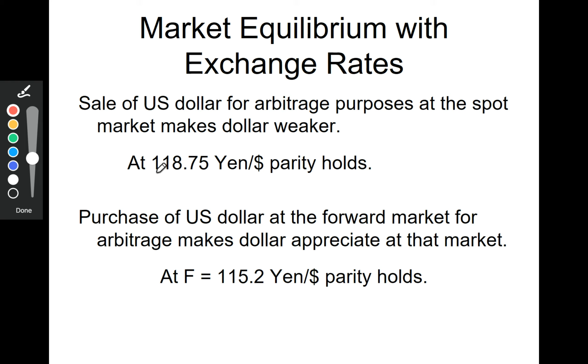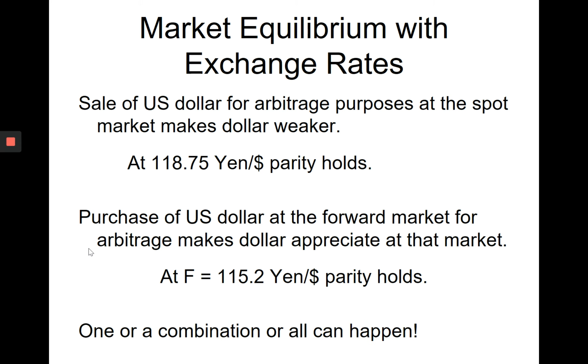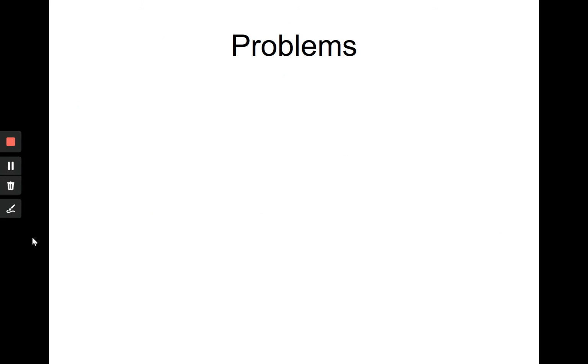It was easier in the classroom to keep three of them constant and do an exercise for you. As long as these numbers change, so the parity holds, then we get to a situation where arbitrage is not possible. One or a combination of all can happen, and then we go to a situation that there is no arbitrage.